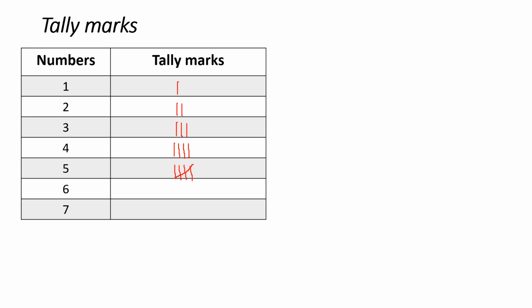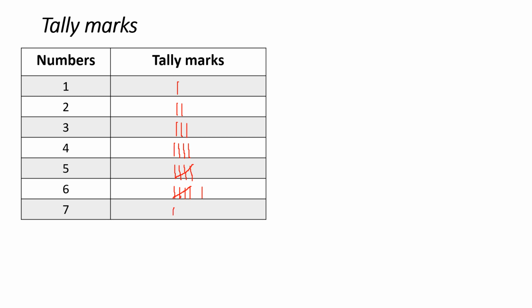Fifth line will be across the rest of the 4 lines, like this. Then for 6, at first we will write 5, 1, 2, 3, 4 and 5. Then for 6 we will start after giving some space. So it is 6.